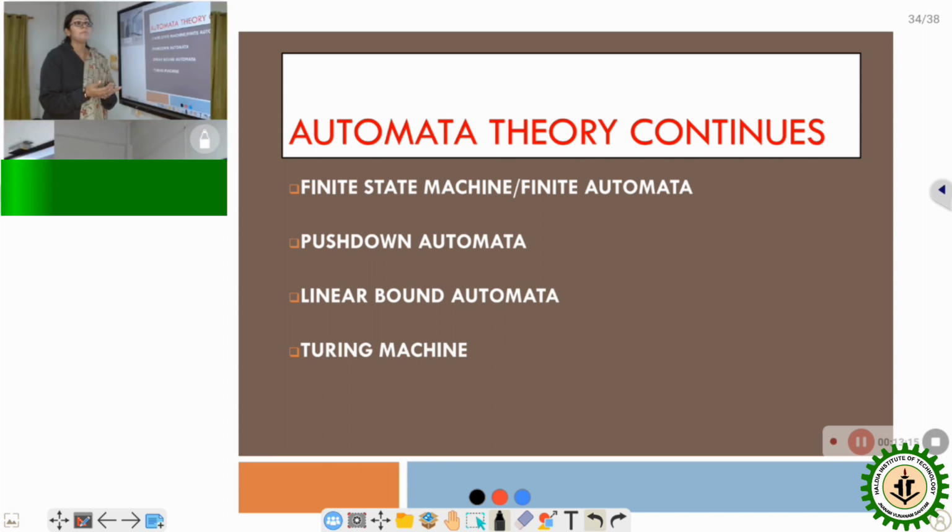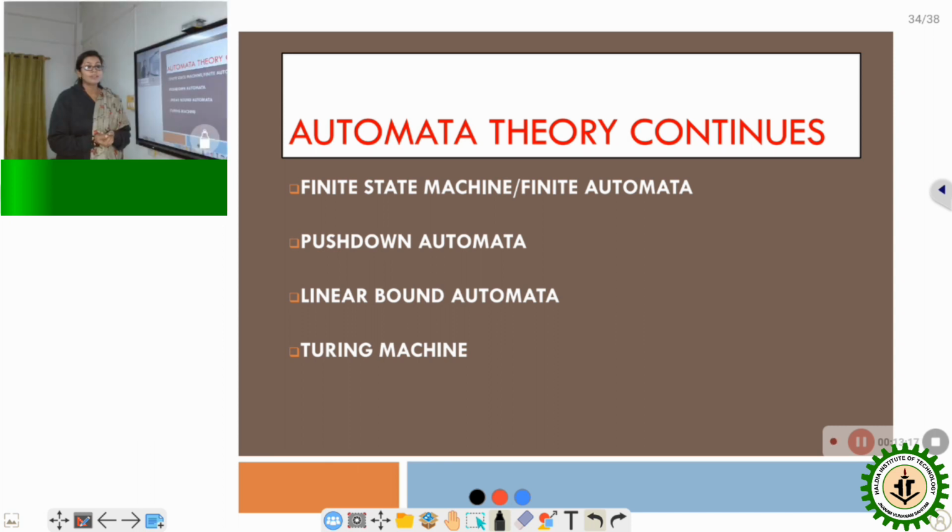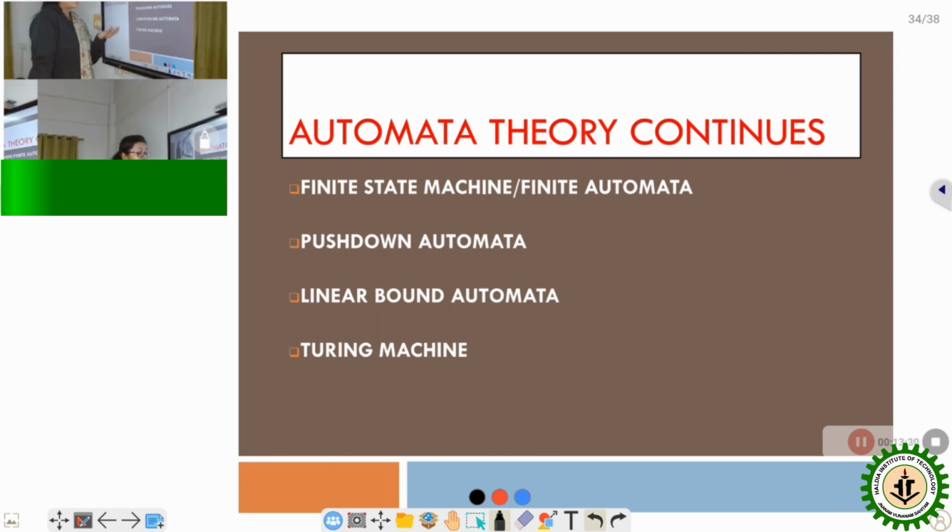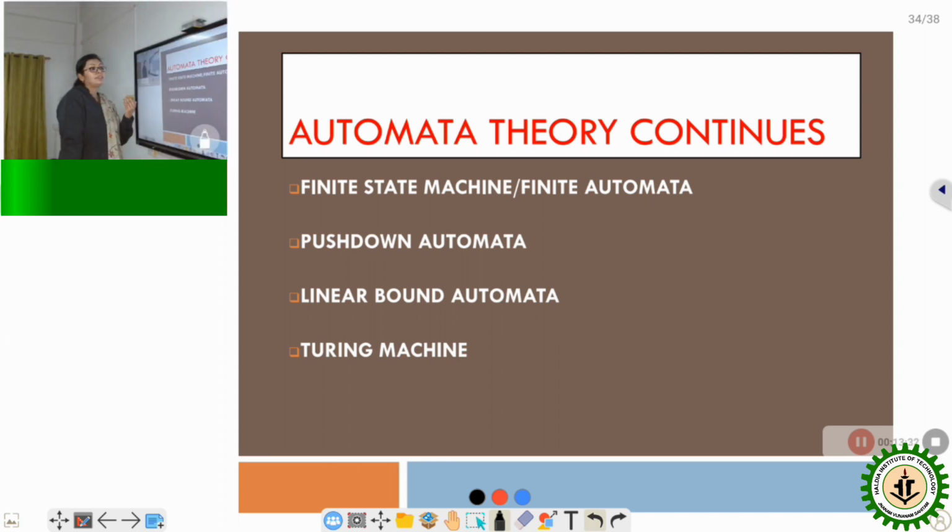It is a part of your English. So it is kind of a similar thing, that is how automata theory deals with grammar, language, symbols, all this.